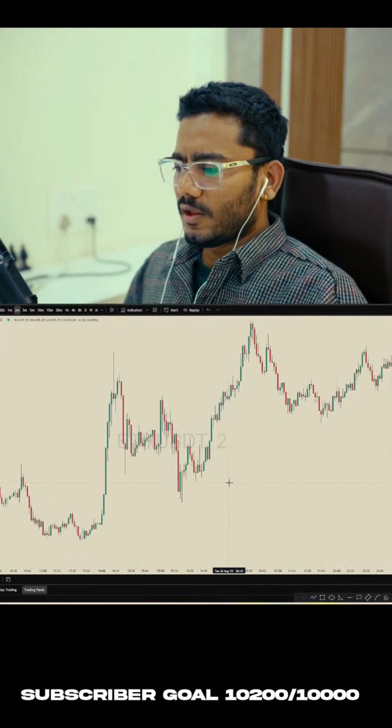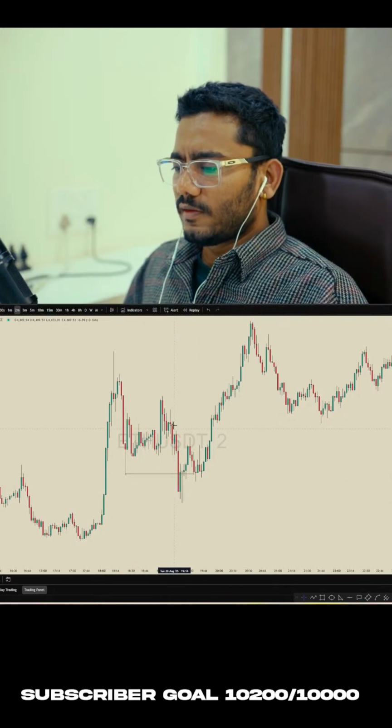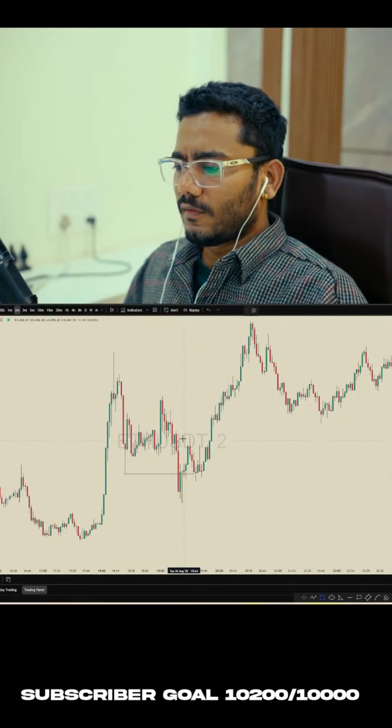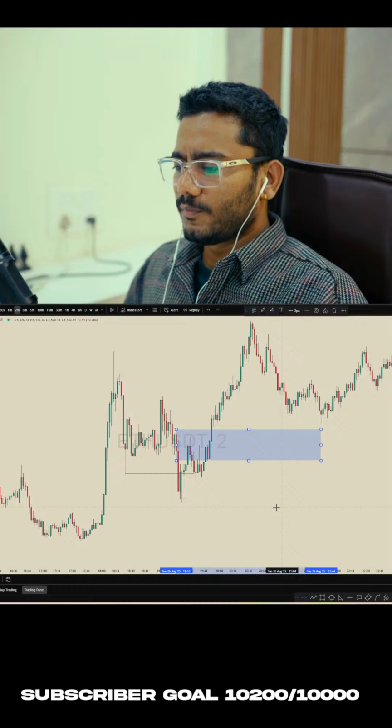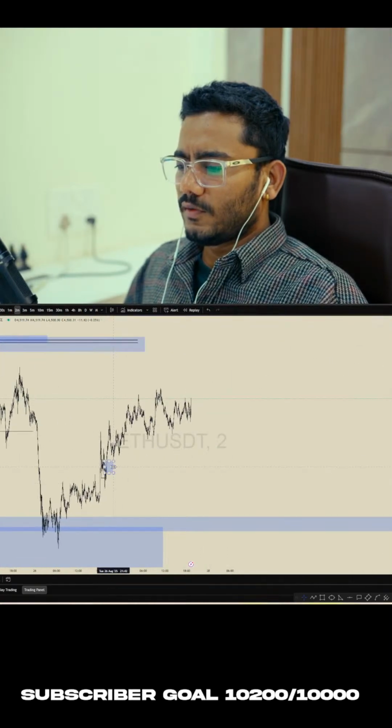So in Ethereum, we have this opportunity for buy side. You can see the liquidity, and we have this breaker block and order block over here, and we have the trend line liquidity to the upside.